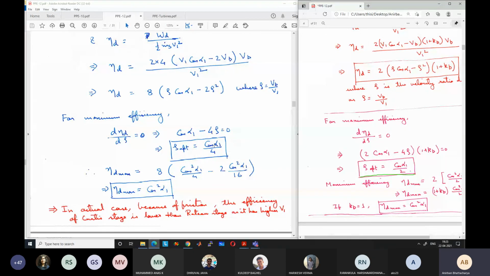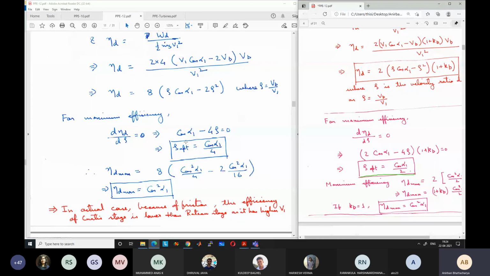Vb will be half of that for the single stage, at the optimum condition. So Curtis turbine is still beneficial because you have less Vb. Less Vb means we can have less rotational speed or less mean diameter, or both.